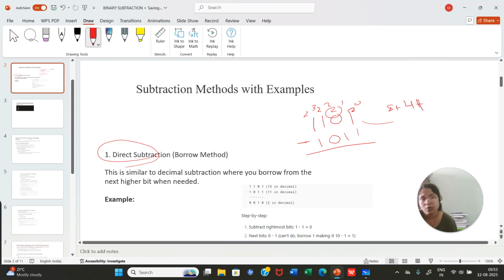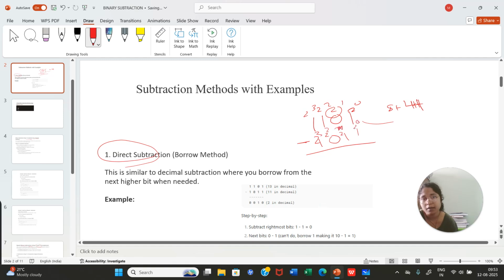If you don't know how to calculate this value, previously in the first class I did a video. Look at there how we calculate binary numbers into decimal. You just go and check it one more time. This is again 2 power 3, 2 power 2, 2 power 1 and 2 power 0.